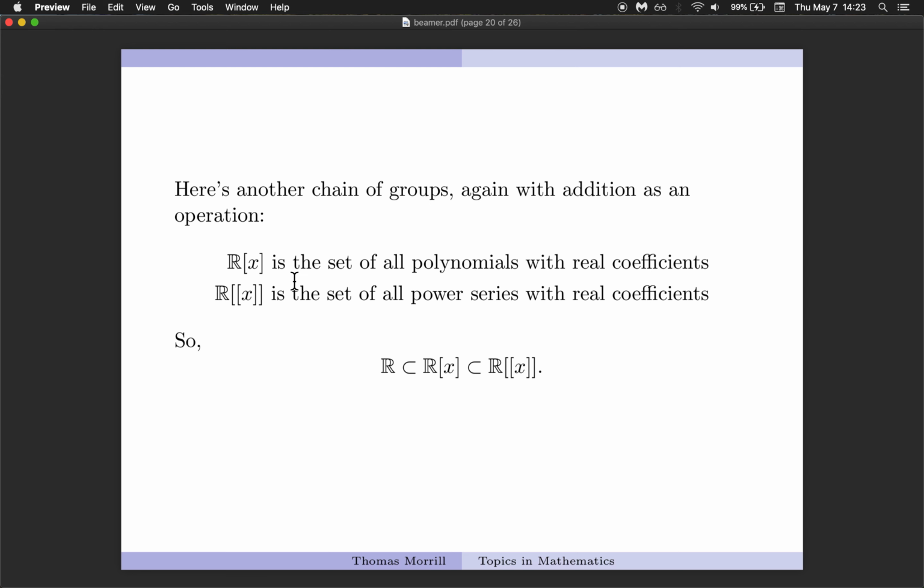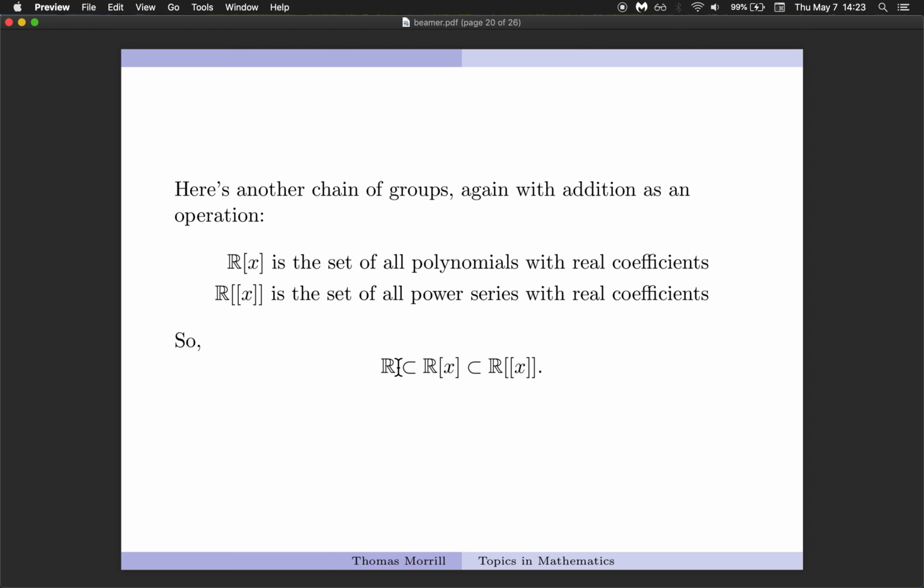R double brackets x is the set of all power series, again with real coefficients. So instead of just chopping off at some finite power, like x to the 407, a power series can have powers of x of all degrees. It can have a constant term, an x to the 1, an x to the 2, an x to the 3, and so on without stopping. You might have seen these in a calculus course when they talk about Taylor series.